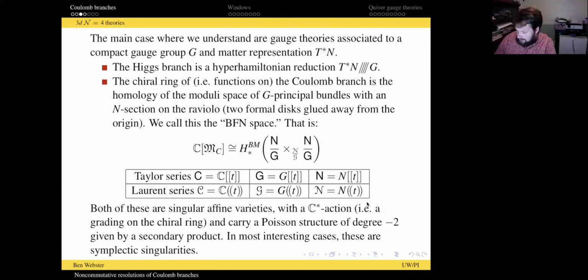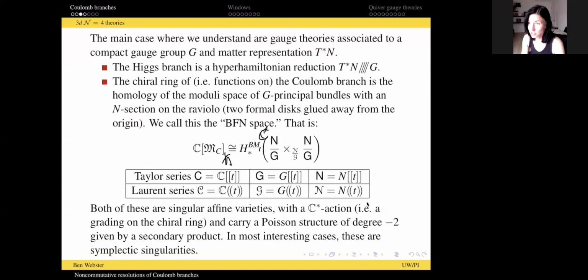I should say, if I want a star product here, then I should take C star equivariant homology. And so there's some interesting story about what happens when I actually pass to the full C star fixed points and the characteristic 0 representation theory of this guy.